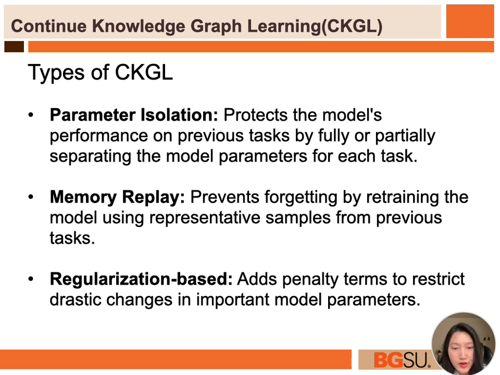It could prevent forgetting by retraining the model using representative samples from previous tasks. And the last one is regularization-based. It adds extra terms to restrict drastic changes in the most important model parameters.